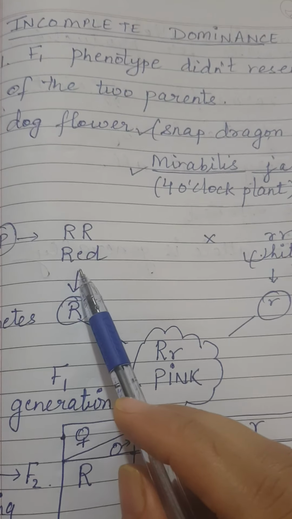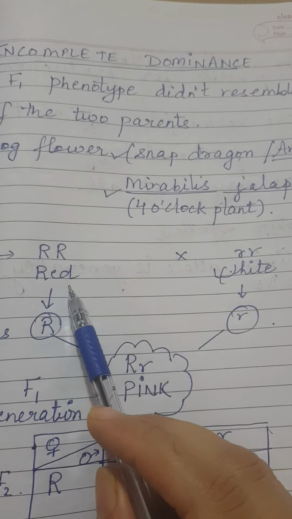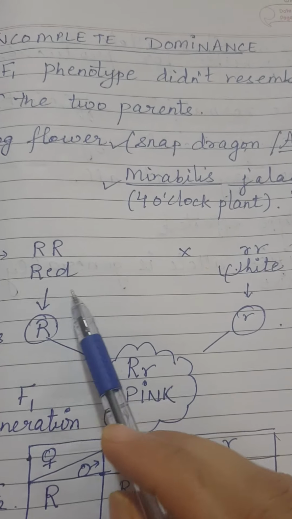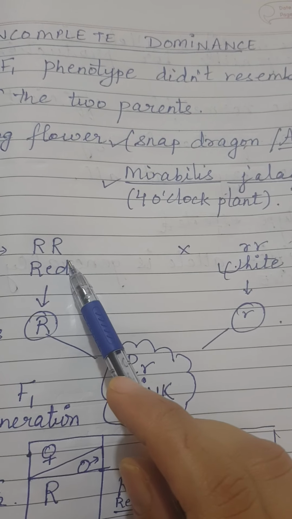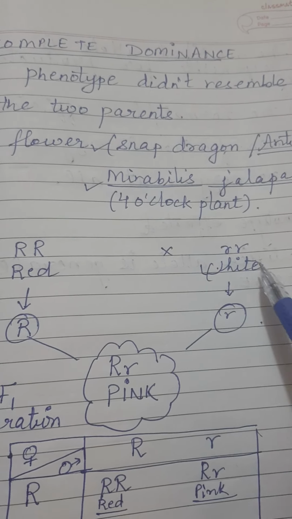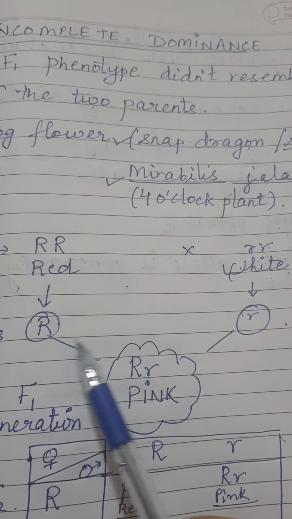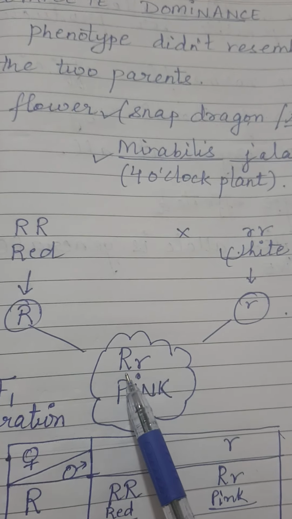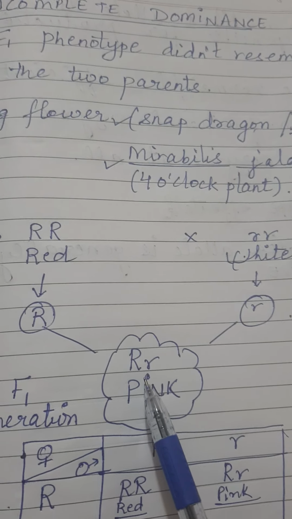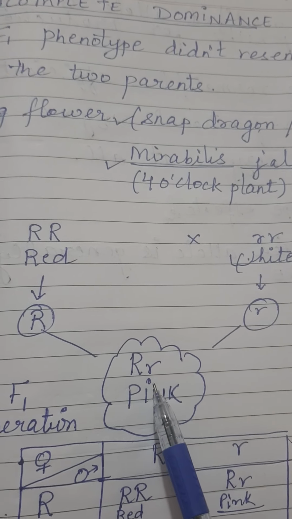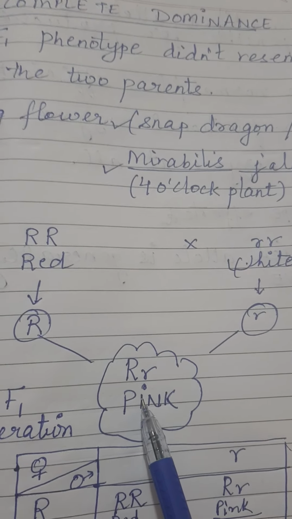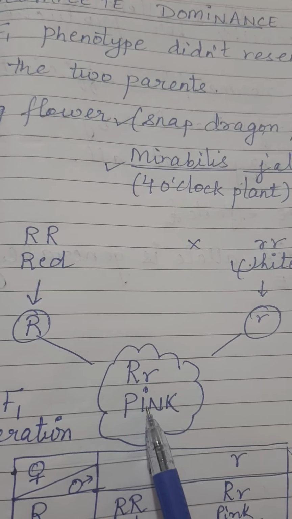Suppose the characteristic trait is red and white flowers. Red is represented with the homozygous condition capital R capital R, and white with the recessive homozygous condition small r small r. When gametes are formed, the F1 generation is capital R, small r. According to Mendel's law of dominance, it should be red. But what was observed?